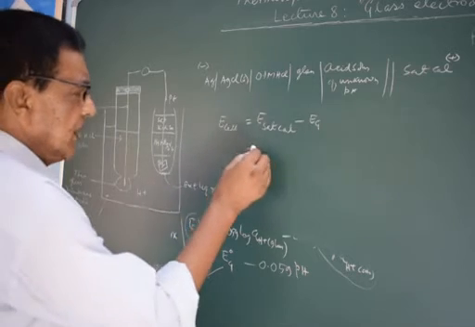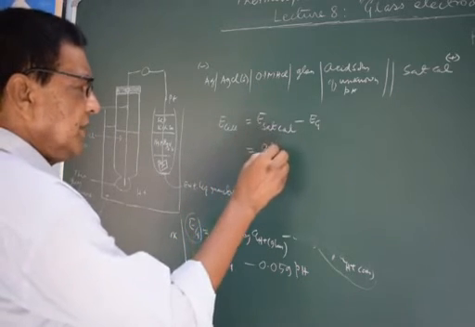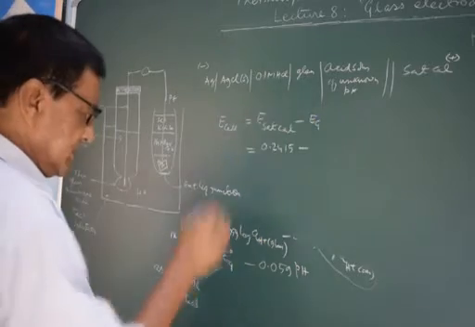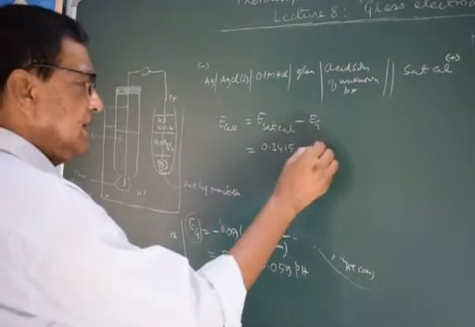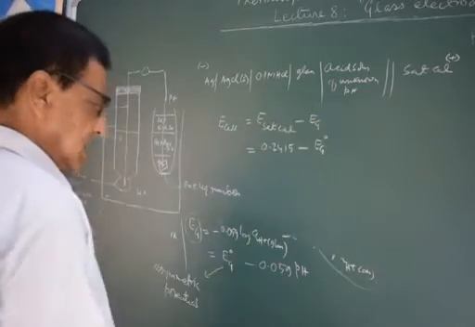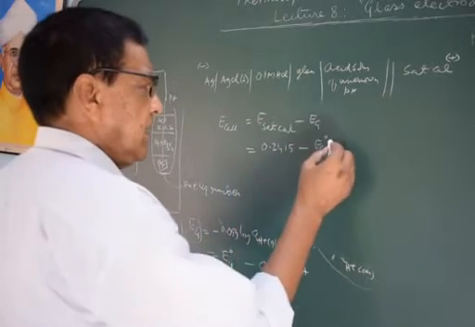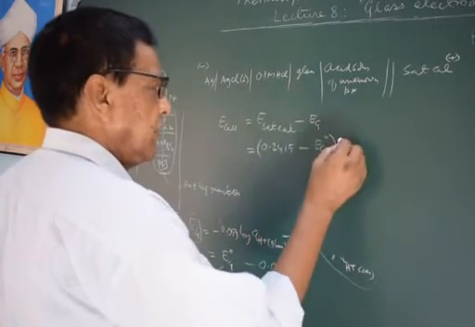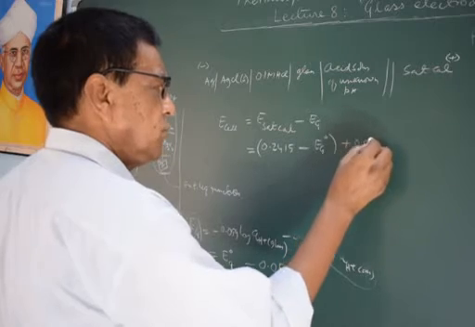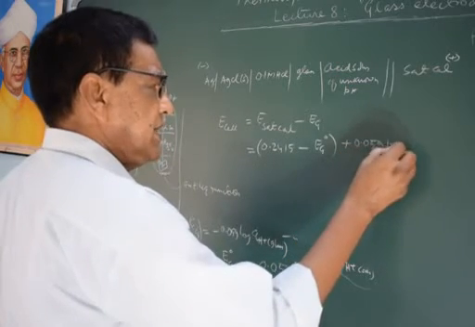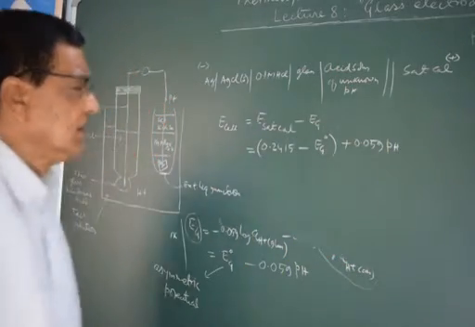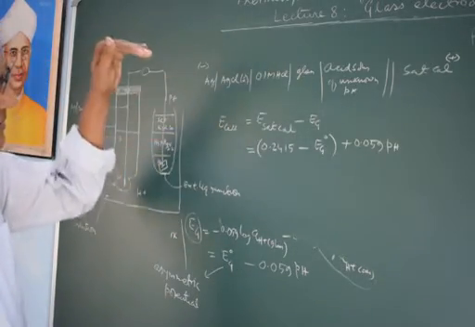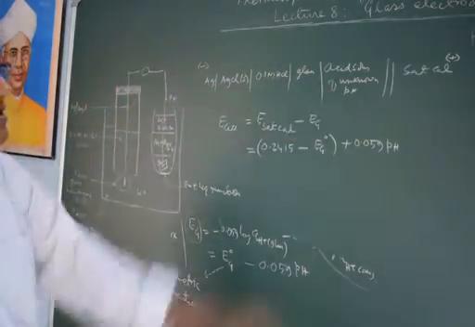So this is 0.2415 minus, instead of Eg we can write Eg naught, and taking it common, then plus 0.059 pH. This is the expression for the cell potential of this cell.